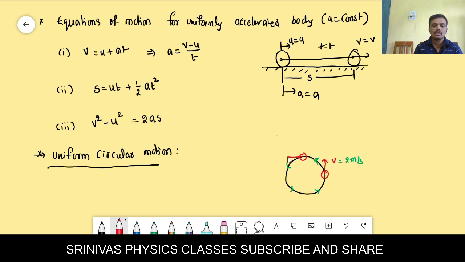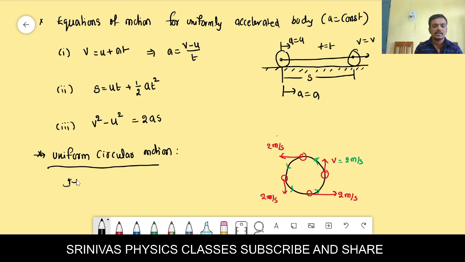If it is moving with 2 meter per second, everywhere its speed should be 2 meter per second only. If it moves with constant speed, then we say that it is in uniform circular motion. Its direction is changing, but it is moving with constant speed.